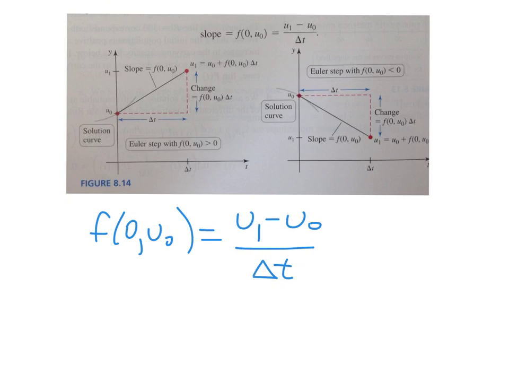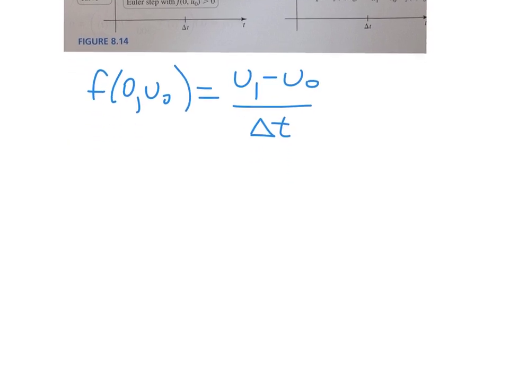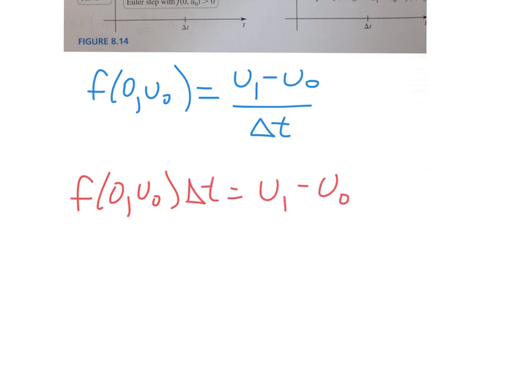So what we're going to do is solve. And then we're going to multiply by the change in t, our time step, and then add u sub 0.